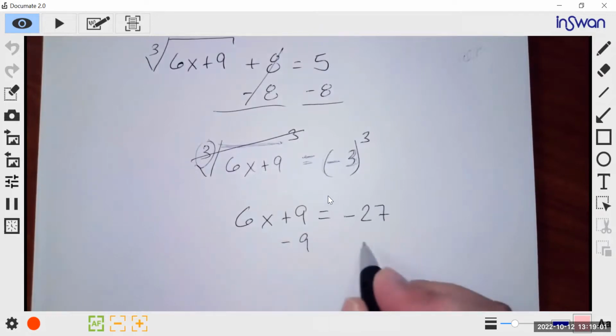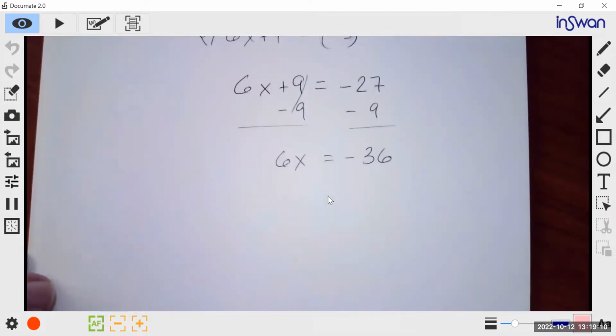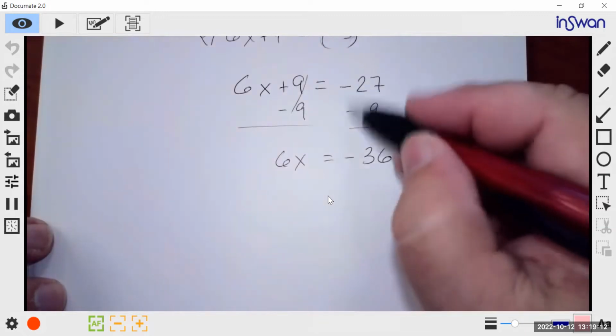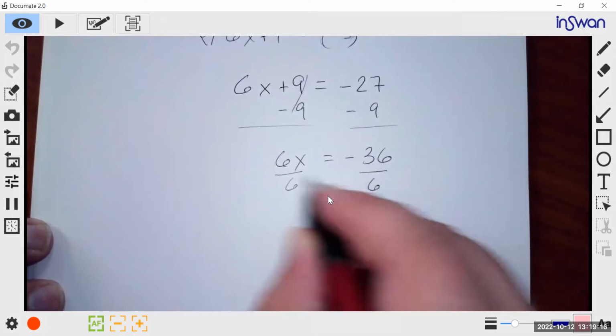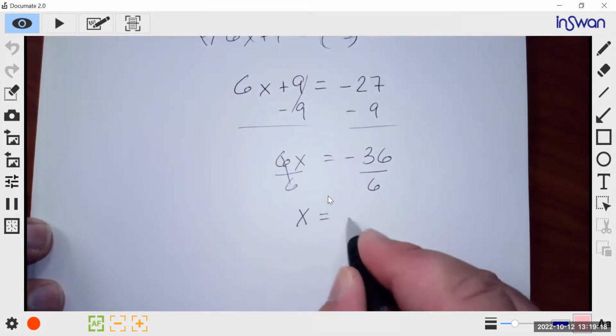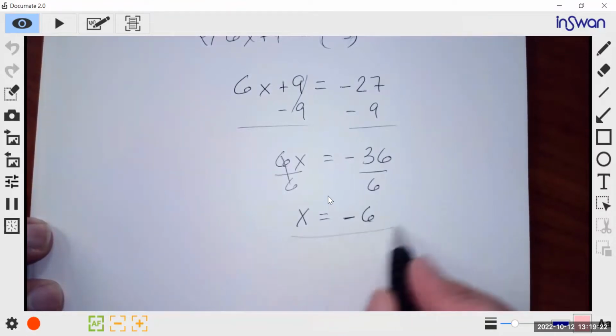Minus 9. 6x equals negative 36. They're both negative. Add the two numbers. Divide by 6. X equals negative 36 divided by 6 is negative 6.